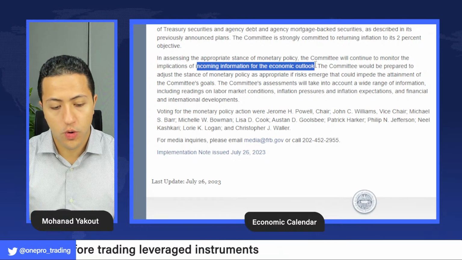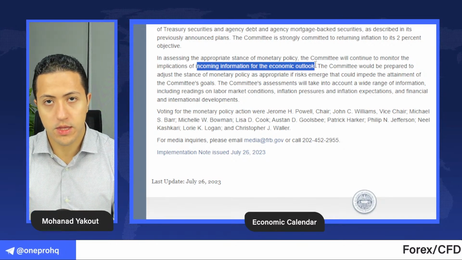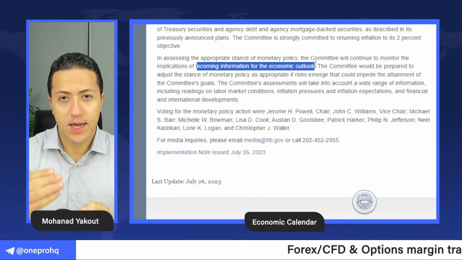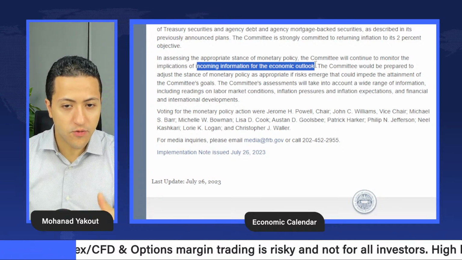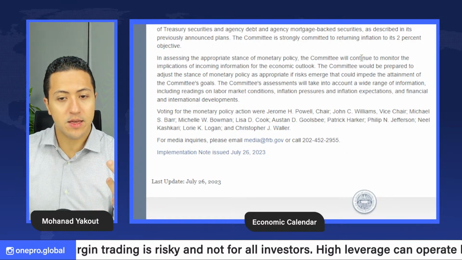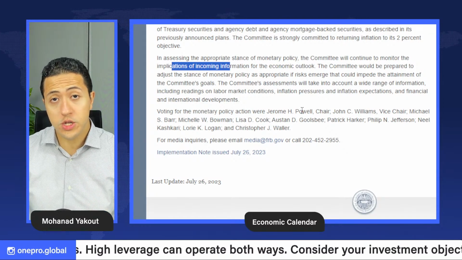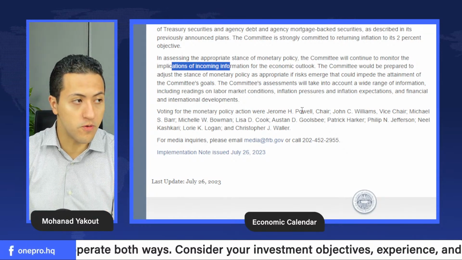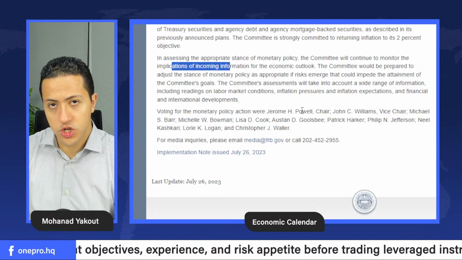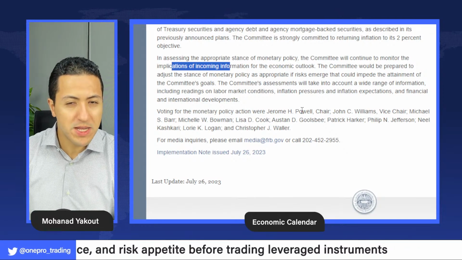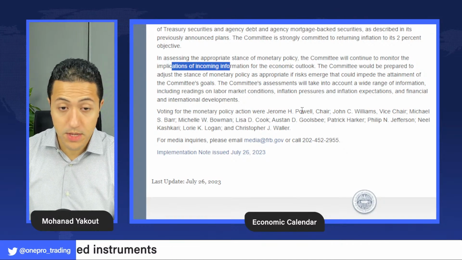If you don't know what the inflation will do, how employment will behave, what the economic indicators will do, and so on, you cannot have any solid forward guidance. So they have been doing this for the past couple of meetings, and they say that we will continue to monitor the implications of incoming information. So according to data that will evolve, we will react to the changes and updates of the economy. This means basically that we don't know what we are going to do in the upcoming meetings.